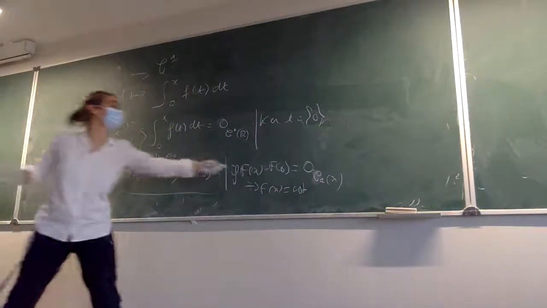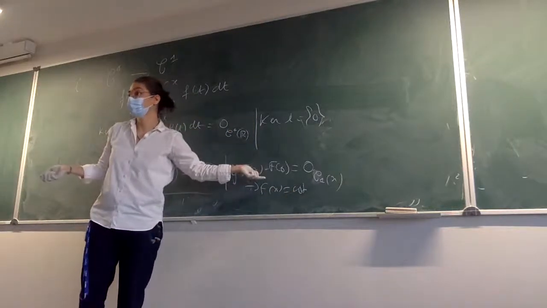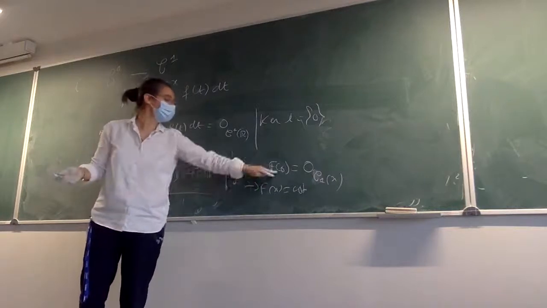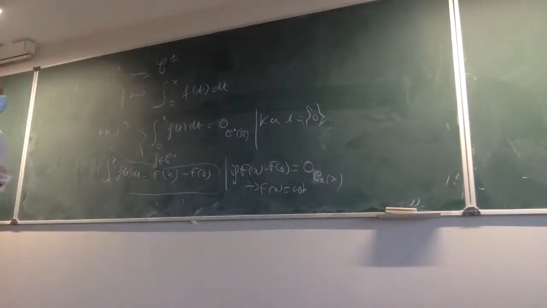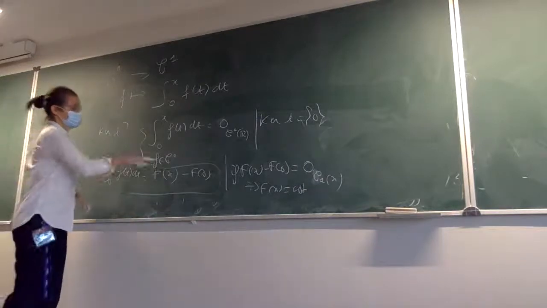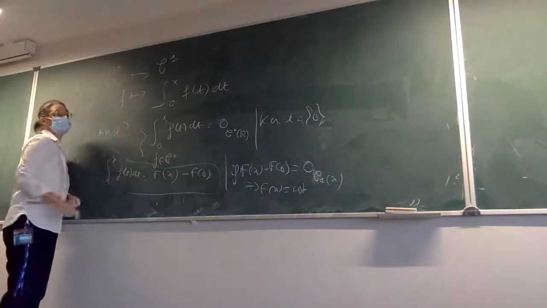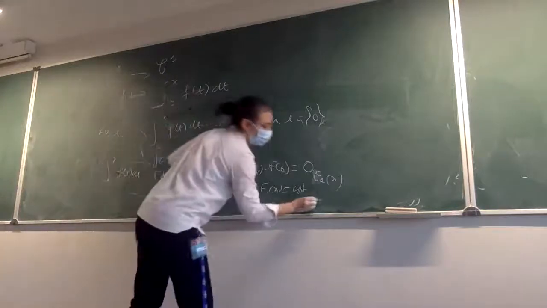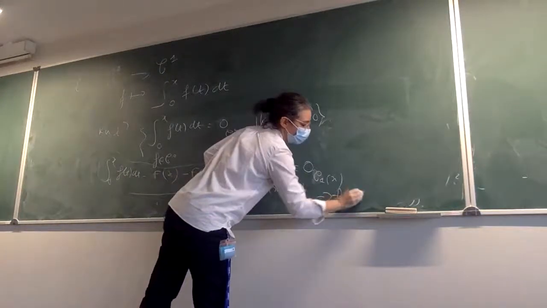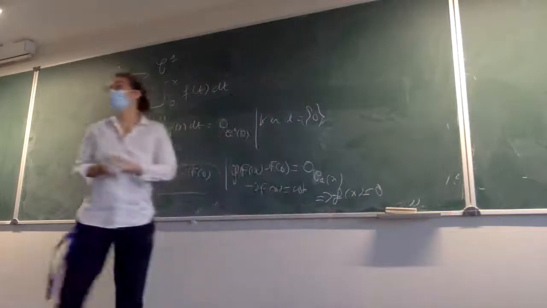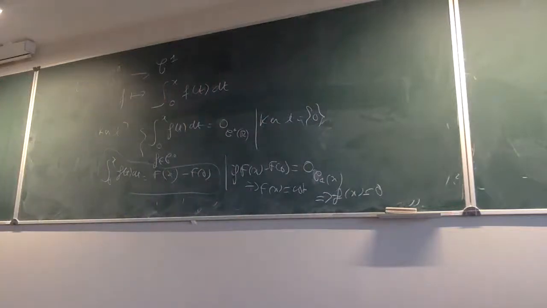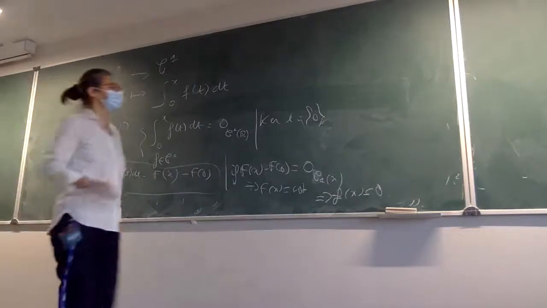It's always equal to the same value. I didn't say it's 0, just that it's equal to the same value. And now if small f is the derivative of capital F, we get that small f is equal to 0. So that's how we get that the kernel of this map is reduced to the 0 function.